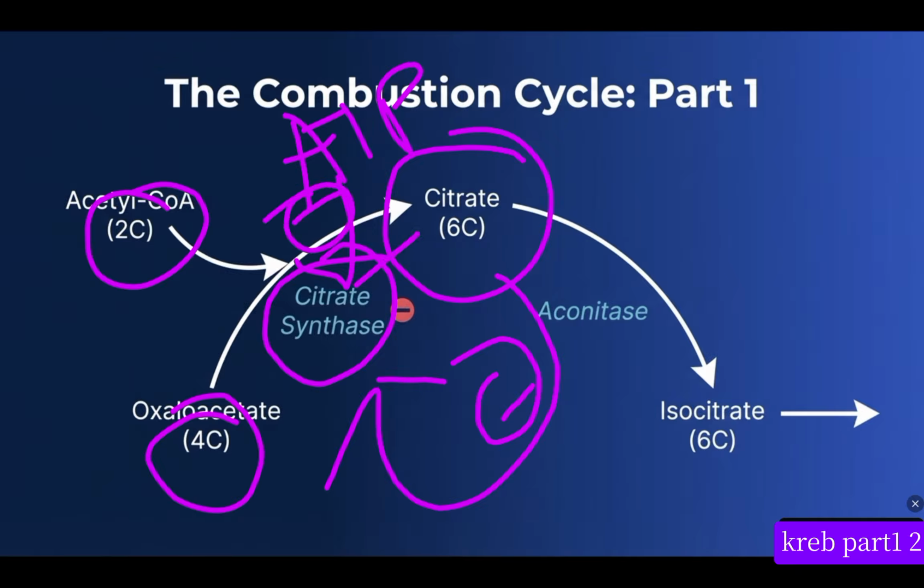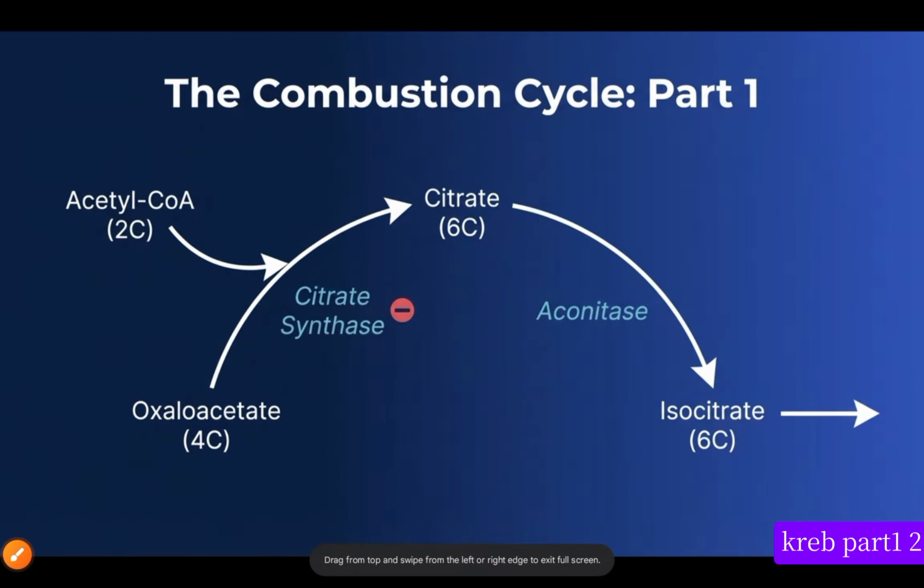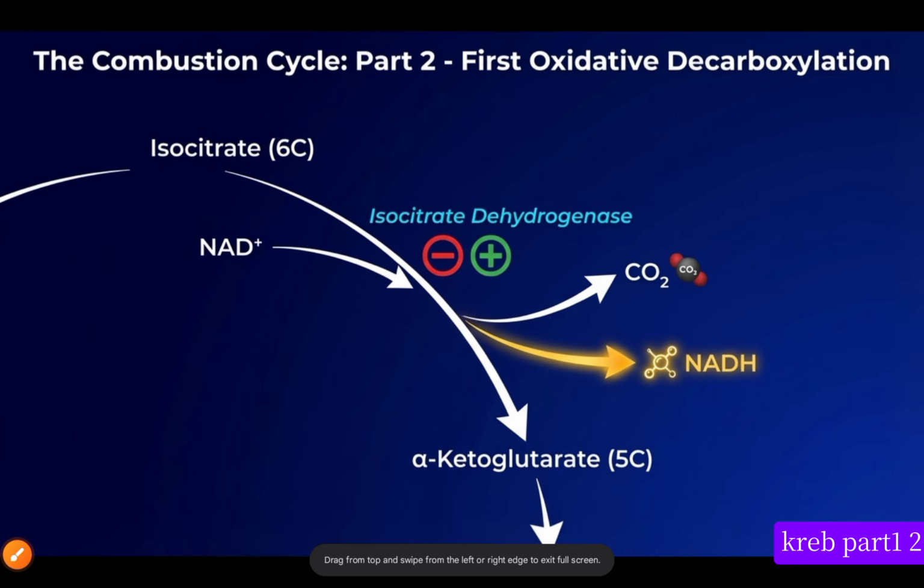Citrate synthase. So when we have a high level of citrate, ATP starts inhibiting citrate synthase, and citrate itself also starts inhibiting citrate synthase in order to prevent more accumulation of citrate.